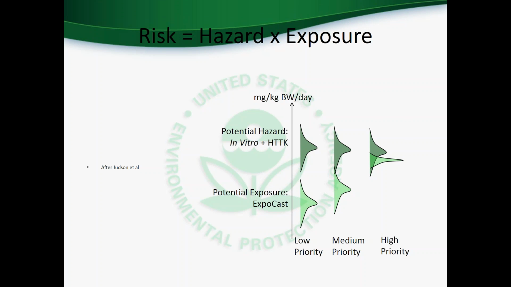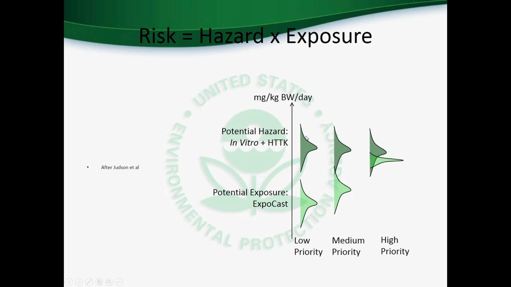About 300 have any toxicology data whatsoever. So if you look at the top graph, right here, this is the hazard. This is the intrinsic hazard. And through the ToxCast database, these are data that were generated using in vitro assay systems. I'll explain that a little bit more in a second.